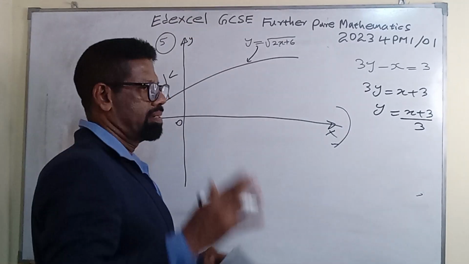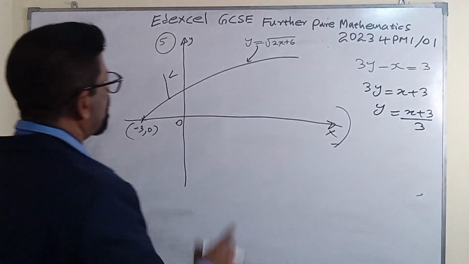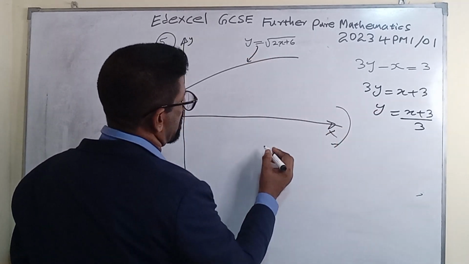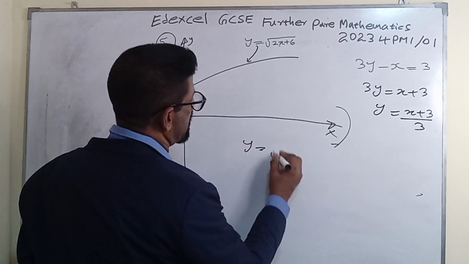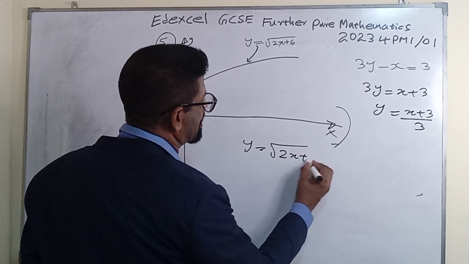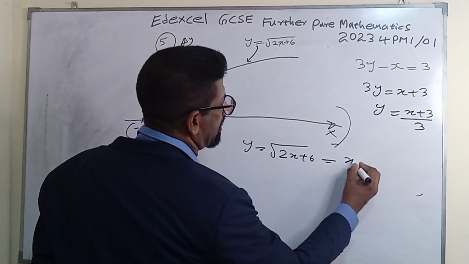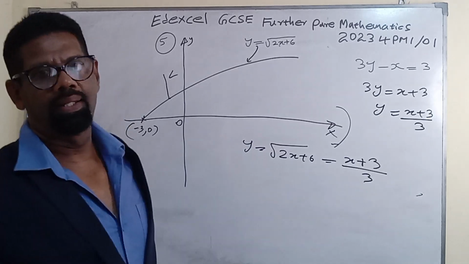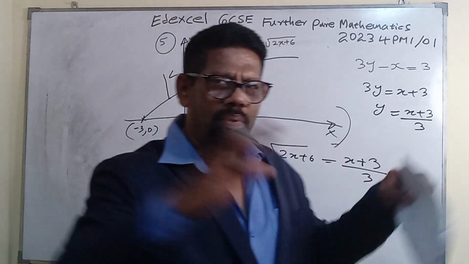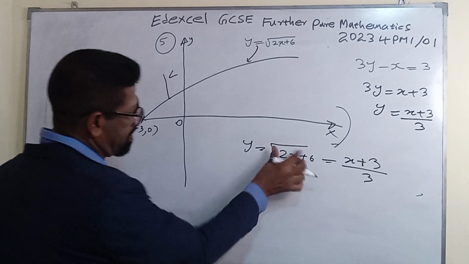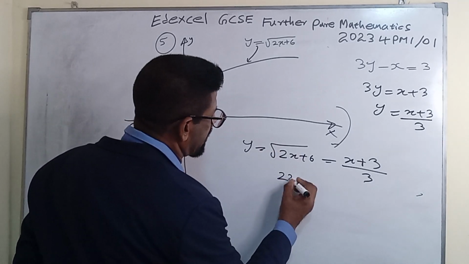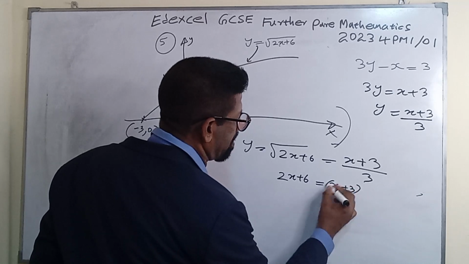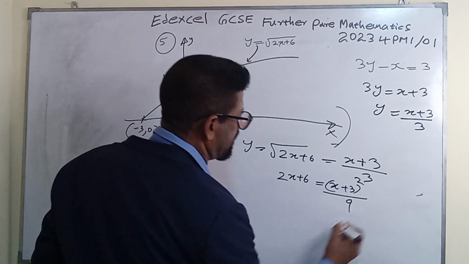That's the standard method. So y equals the square root of 2x plus 6 equals (x plus 3) over 3. You understand it. Then take the square of both sides to remove the root: 2x plus 6 equals (x plus 3) squared over 9.